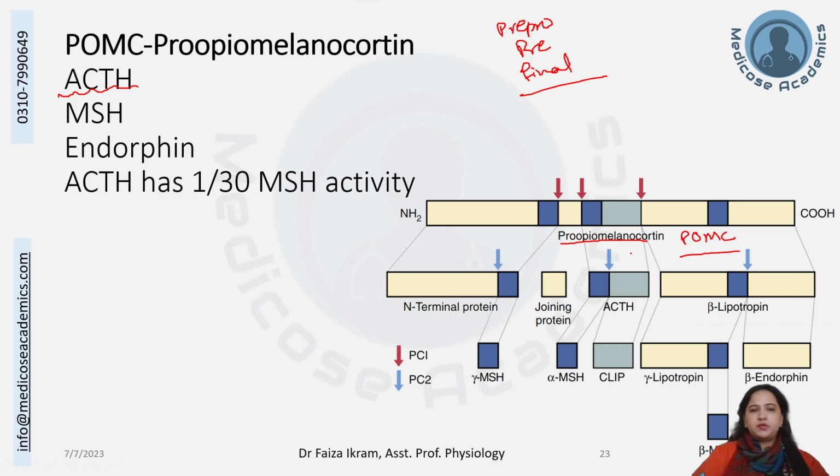That pro-opiomelanocortin can be catabolized by this enzyme in anterior lobe and this enzyme in the intermediate lobe, and along with the ACTH there are going to be production of other substances too, like lipotropin, endorphins, and melanocyte stimulating hormone.